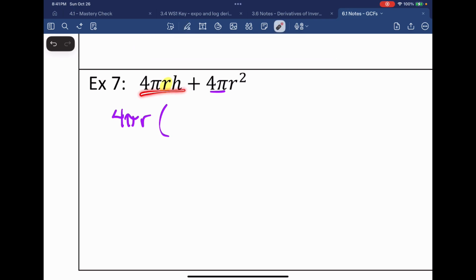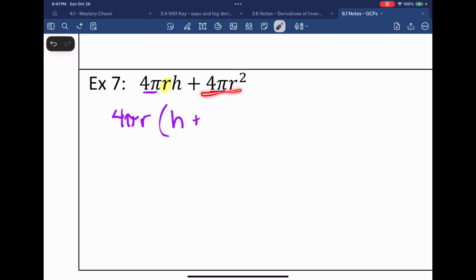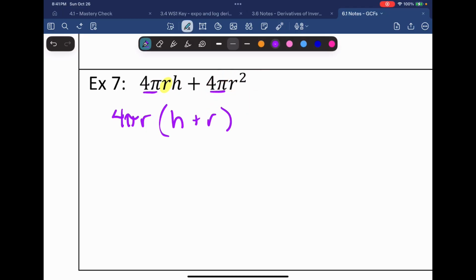So if I divide by 4 pi r, 4 cancels 4, pi cancels pi, r cancels r, so that leaves me with h. Four cancels 4, pi cancels pi, that's r to the 1, so we're left with just r. I was messing with you a little bit on this one. Not particularly worried about that one. Let's look at our last one.